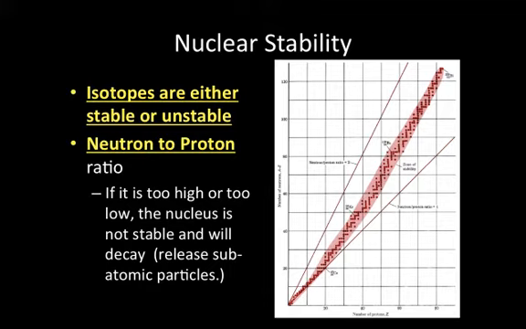You'll see an area where the neutron-to-proton ratio is 1, another where it is 2, and a zone of stability right in the middle, somewhere around 1.6 or so neutrons to protons. That's where we see the most frequent stable isotopes, and unstable isotopes will decay until they get into that zone of stability.